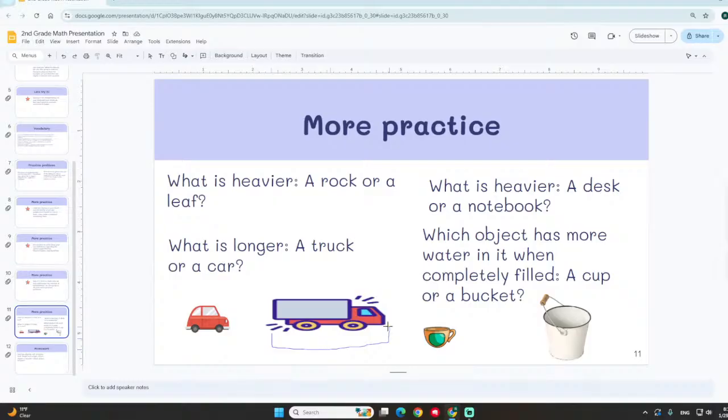So from the back end to the front end of the truck, that horizontal length, that's what we call the length. Okay? So if you have a person, that vertical, so from the bottom to the top, that would be called height. So that's how we compare if someone is taller or shorter.